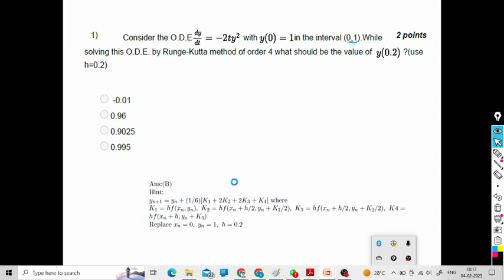When you put the values of x0 and y0, you will get k1, similarly k2, k3 and k4. Then after calculating, you will get an approximate solution near 0.96. Hope you are all solving along with me.